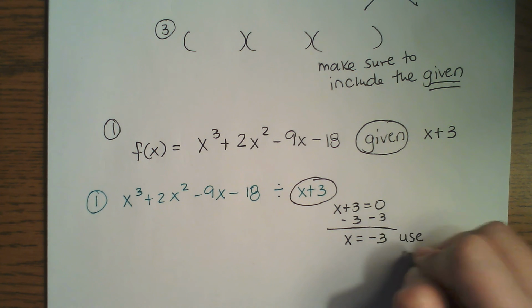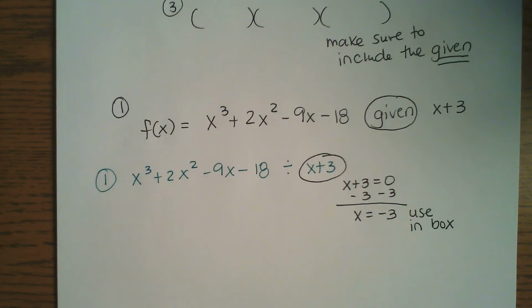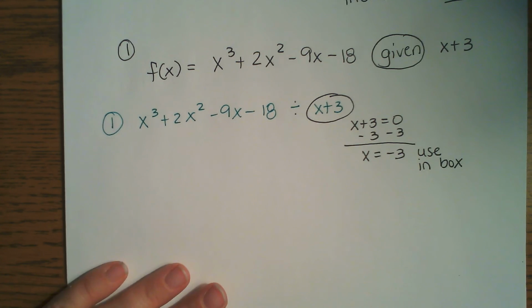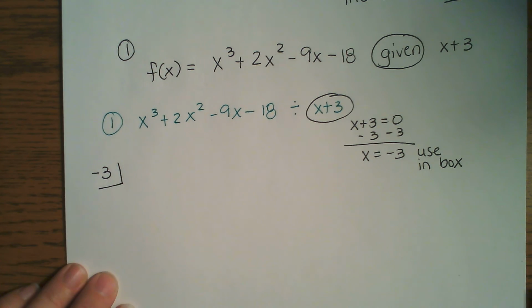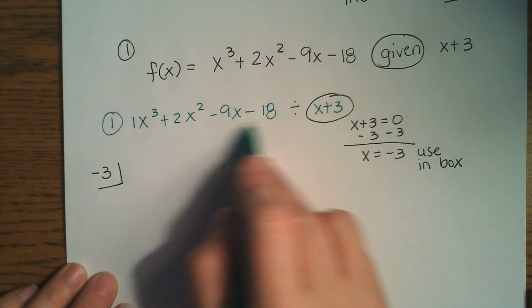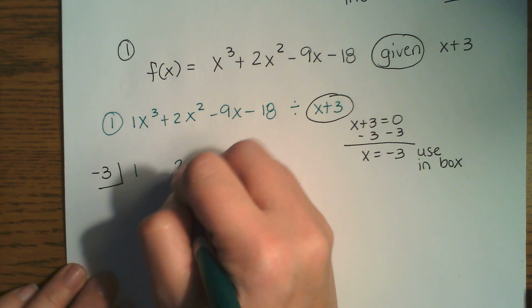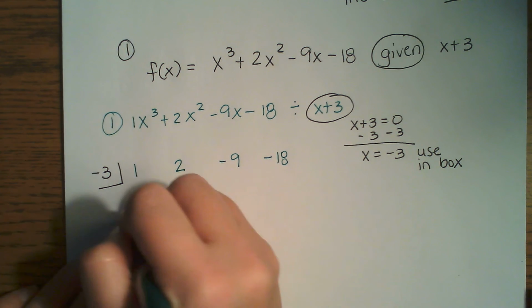I'm going to use a -3 in the box. I drop down only the numbers in front, so 1, 2, -9, -18.